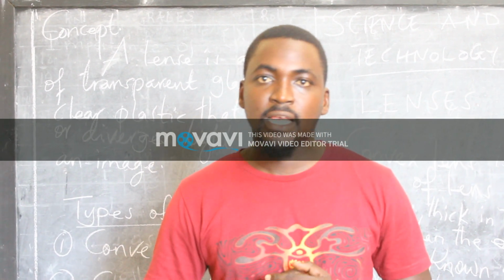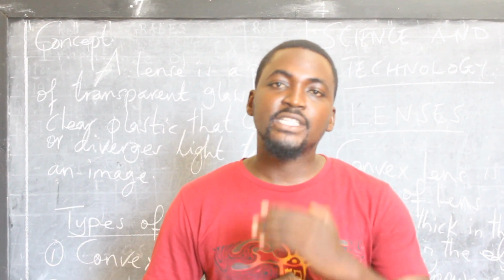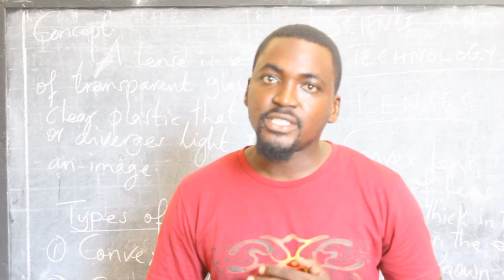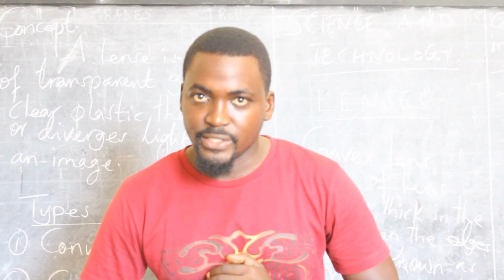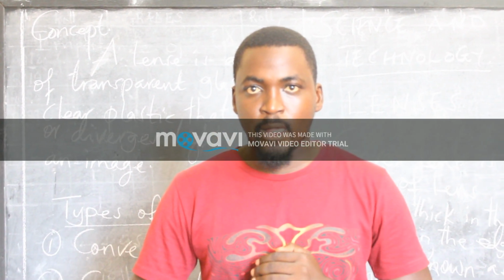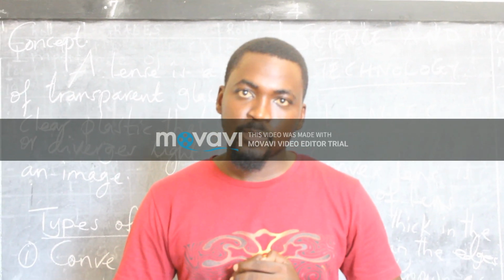What is a lens? A lens is a piece of transparent glass or clear plastic material that is able to diverge or converge light rays so that it can form an image. When we say transparent material, what do I mean?